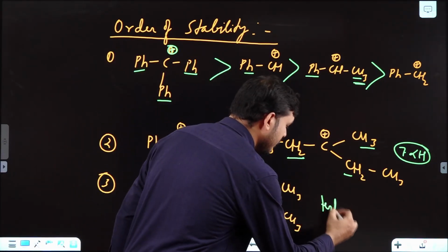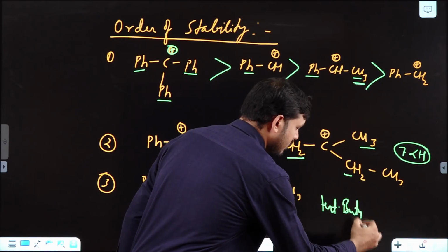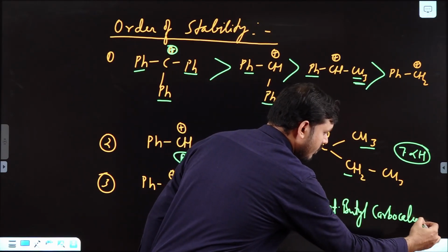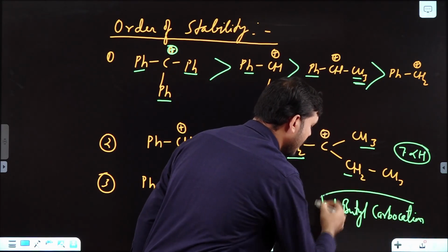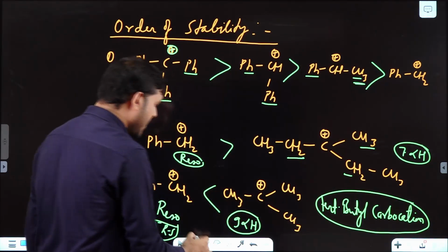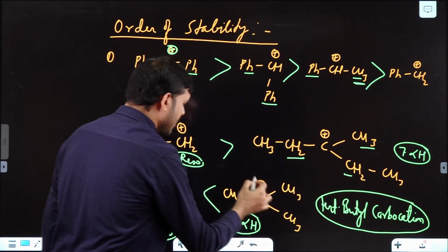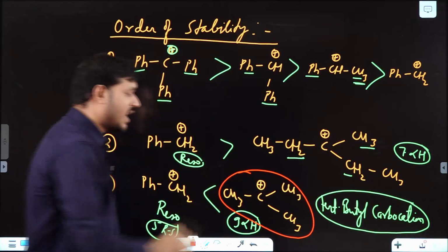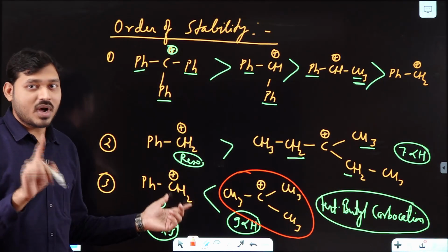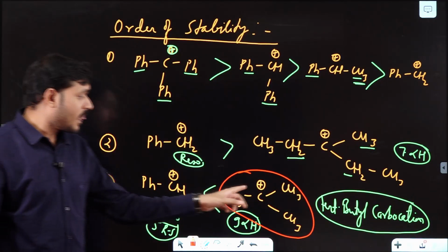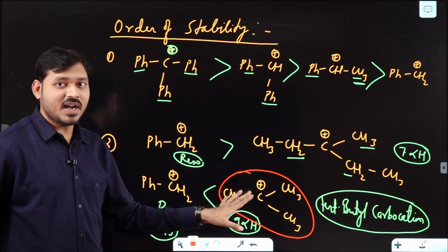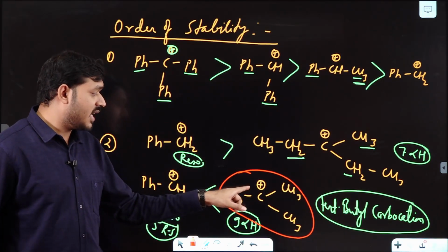See, I am explaining it properly because it is one exceptional case where this part becomes more stable. Tertiary butyl carbocation is relatively more stable as compared to benzyl carbocation. Why? Because in this case, it is having 9 alpha hydrogen, and this is highly stable.